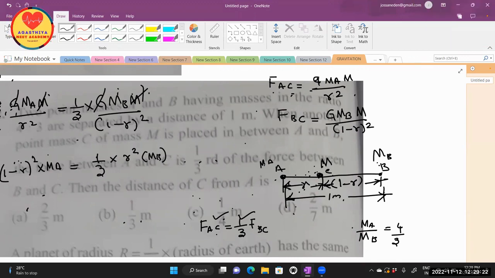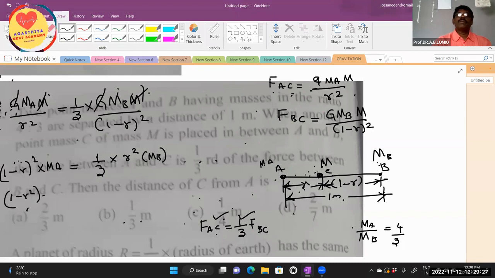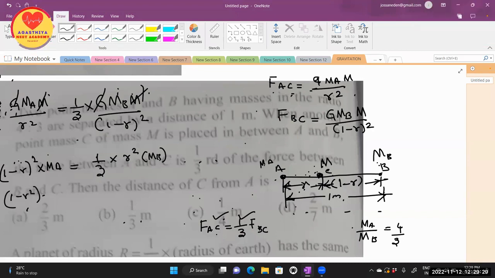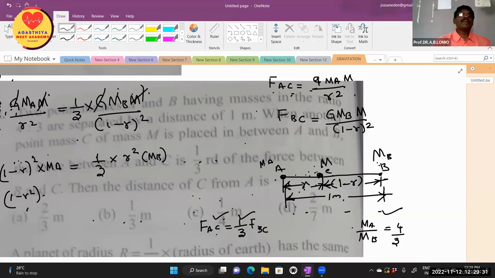MA is equal to 4 by 3 MB. 4 by 3 MB equals 1 by 3 R squared MB.